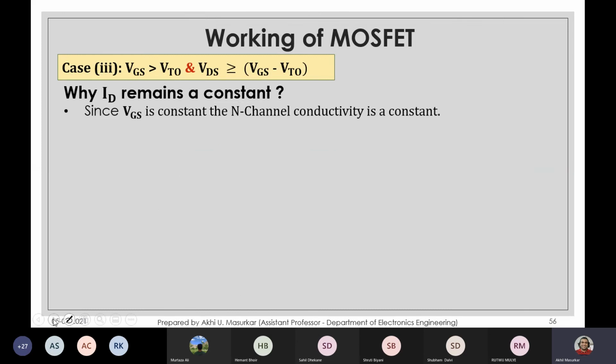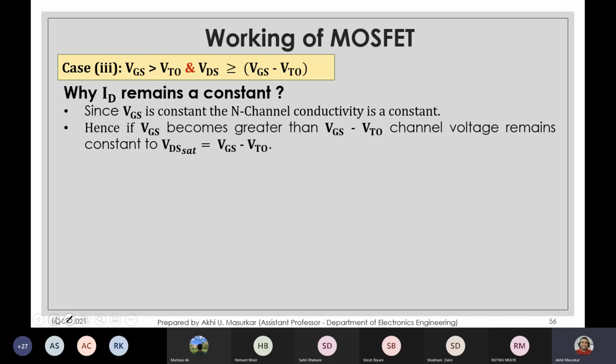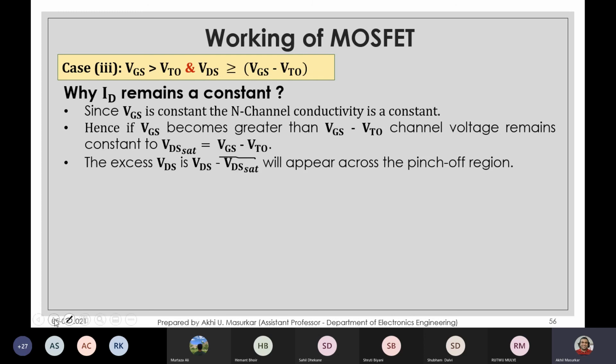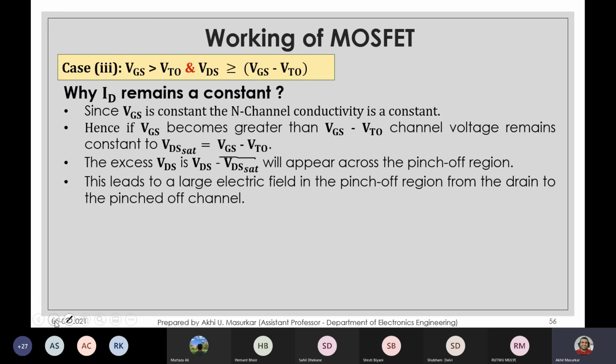And that is the reason why, since VGS is a constant, the N channel conductivity is constant. Hence VDS becomes greater than VGS minus VTO, and VDS sat remains as this. The excess voltage, VDS minus VDS sat, will appear across the pinch-off region.